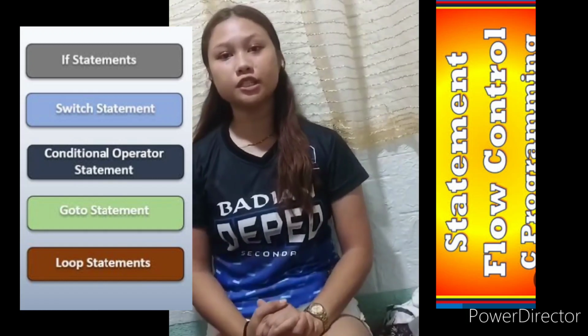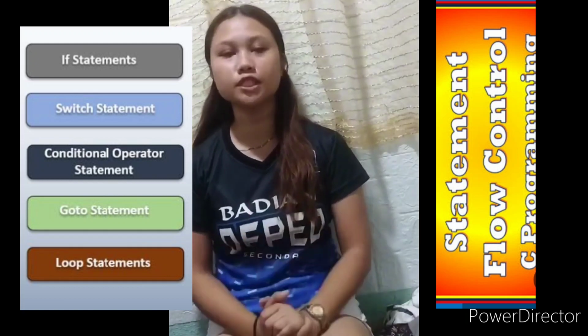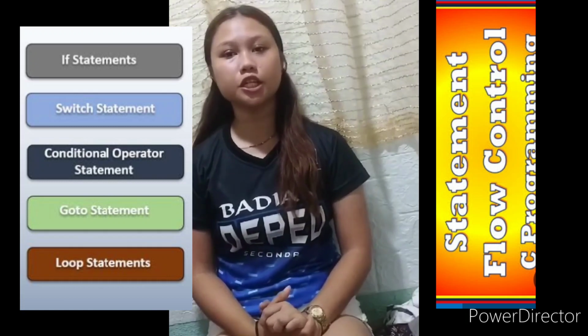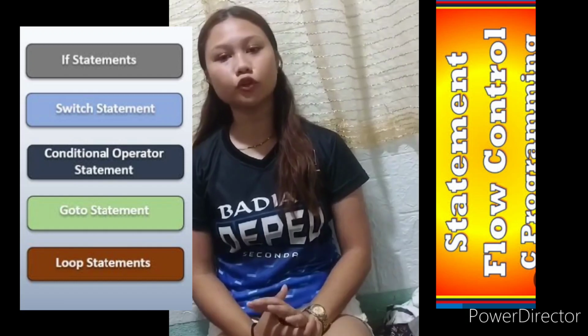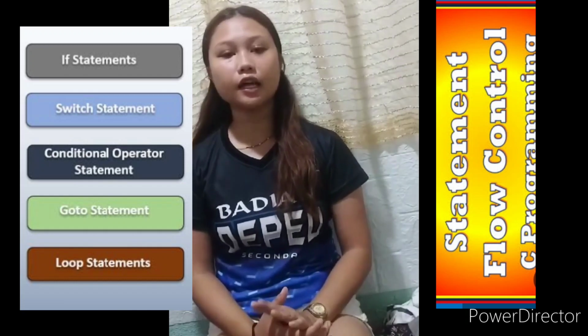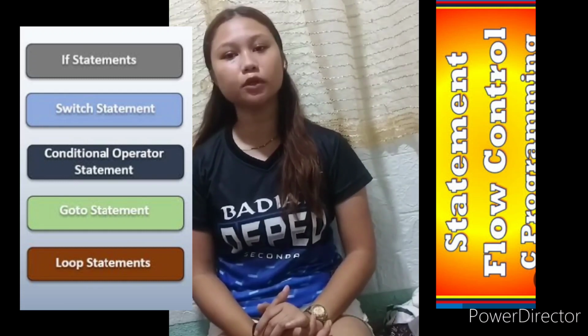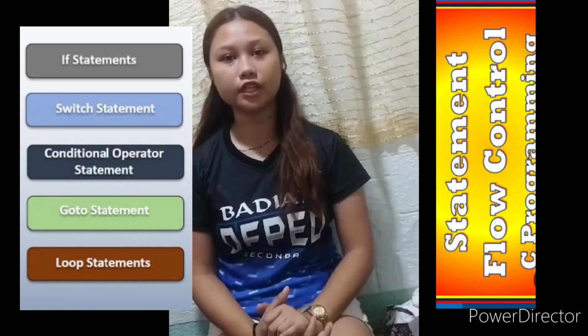Break and continue statements: break exits the current loop or switch statement. Continue skips the current iteration of a loop and continues with the next. These control flow structures allow you to create complex and dynamic behavior in C programs, making it possible to control how your code executes under different conditions.